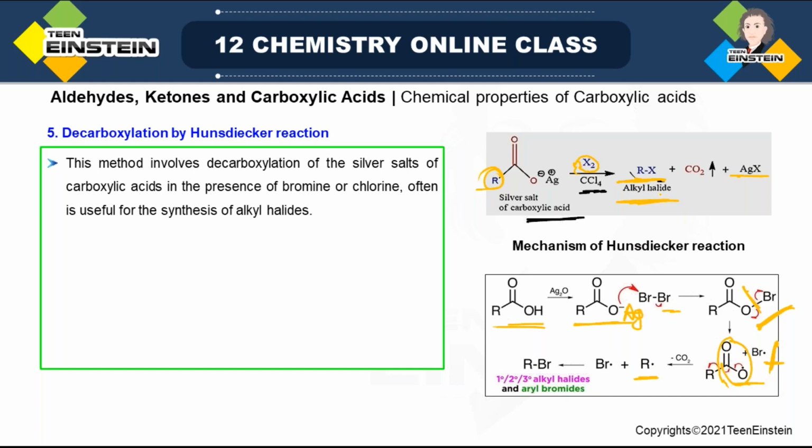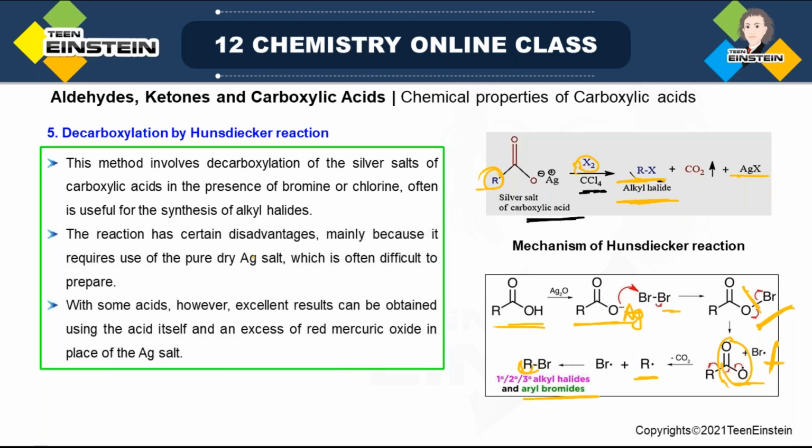This alkyl group may be 1 degree, 2 degree, 3 degree, primary, secondary, tertiary. There is no such problem. And it may also be that this R is some aromatic group, that is a benzene ring. Then we will call it aryl halide or aryl bromide, particularly in this case. So this is the mechanism it is undergoing, that is, the mechanism is going through a radical mechanism.